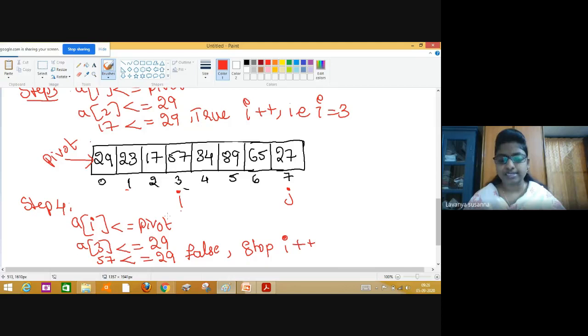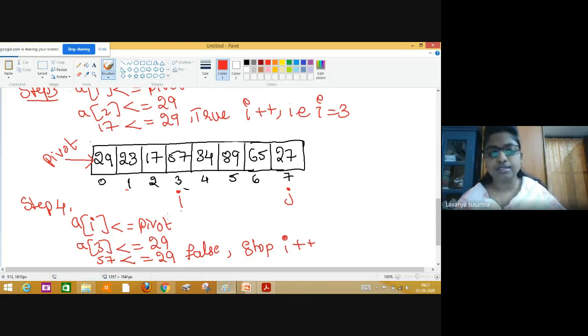Remember that. In step 4, 57 is less than or equal to 29 is false. When it is false, you need to stop incrementing. In step 4, the incrementing I process is stopped. Don't increment I and stop this process.